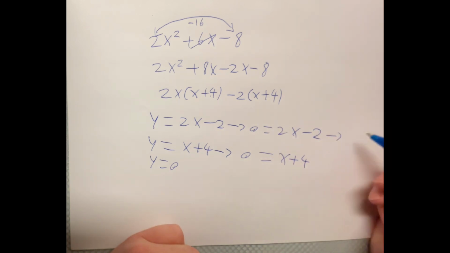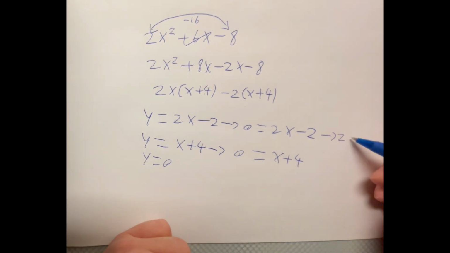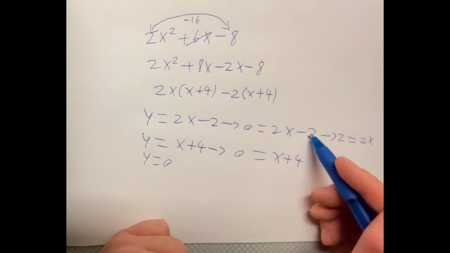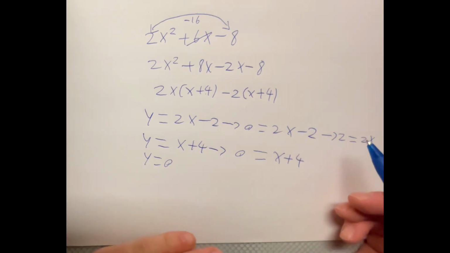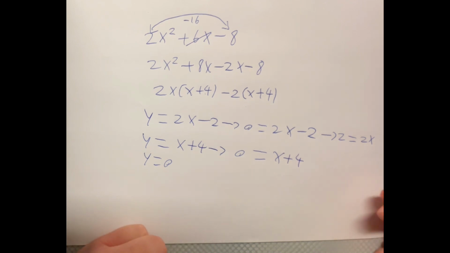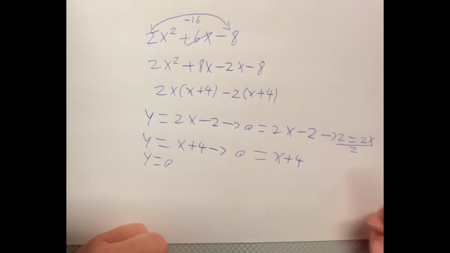For this one, we get 2 equals 2x, and when we bring a negative 2 to the other side, the sign flips and it becomes positive. We want to get the x by itself, so we divide by the x coefficient, 2. 2 divided by 2 equals 1, and this cancels out.